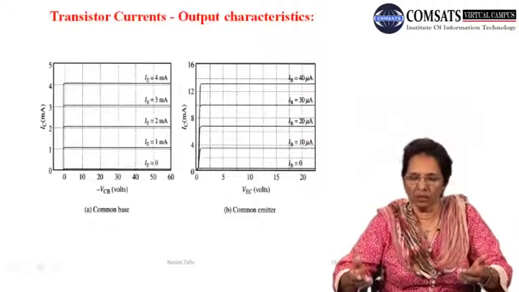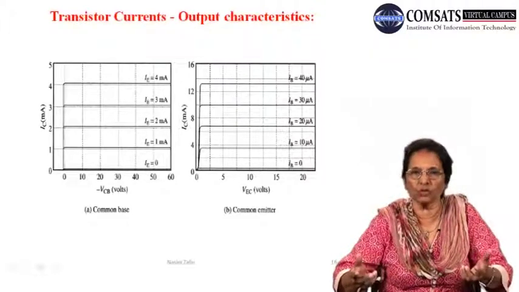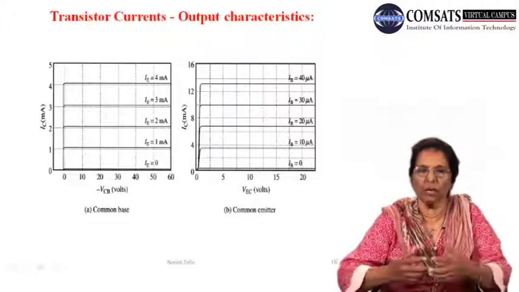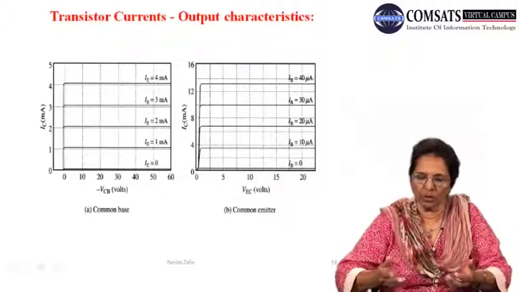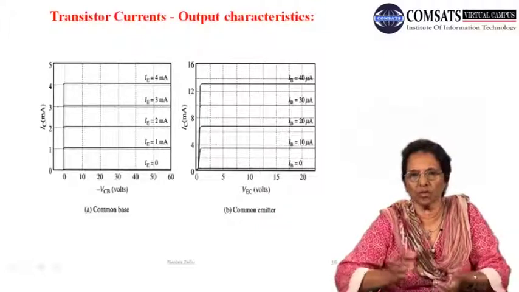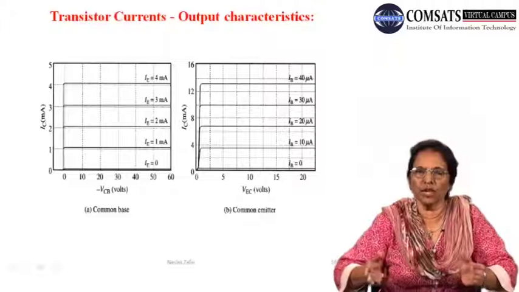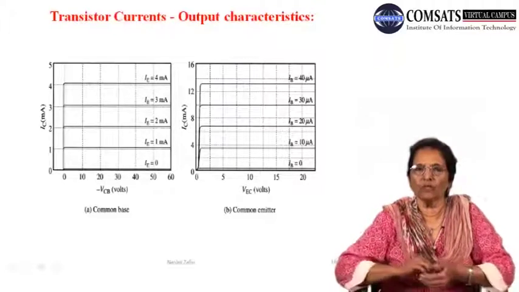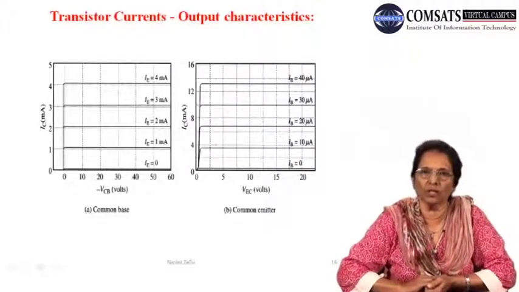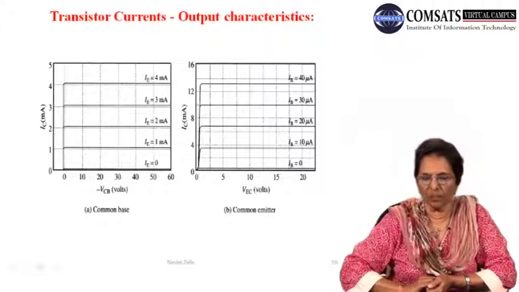Look at the magnitudes of the input current, which differ by about 100 or 1000 times, from microampere to milliampere. The inputs are so different when we use a common emitter configuration or the common base configuration.